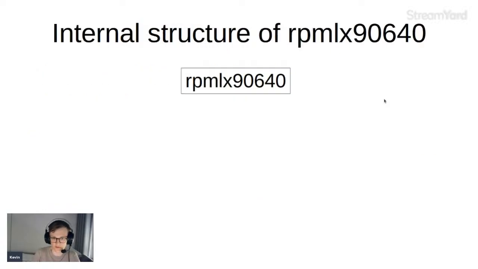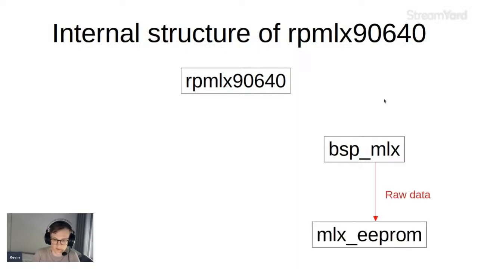I'll show you the rough structure of it. We have the main module, and then there's the board support package, MLX, and this one handles the raw I2C communication between the sensor and the Raspberry Pi, but it doesn't really calculate anything. It just receives the raw data. Then there's a submodule called MLX EEPROM. This one receives all the raw data, then calculates all the temperatures and returns them to the main part.